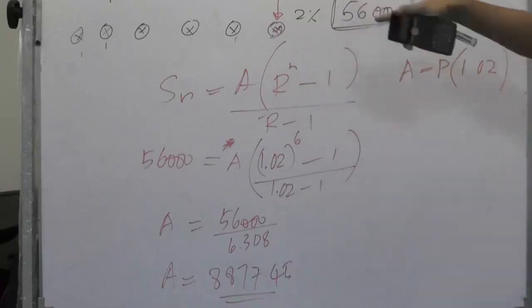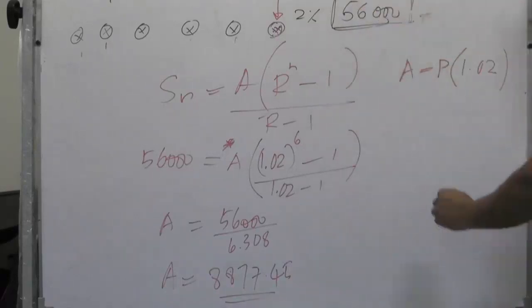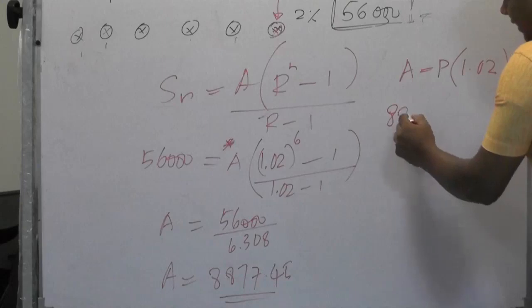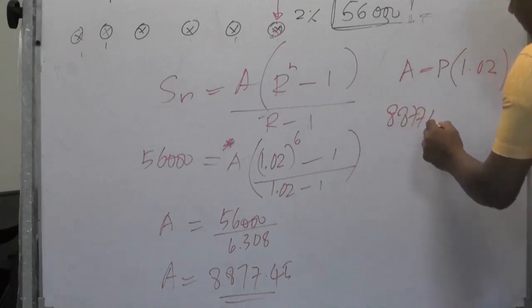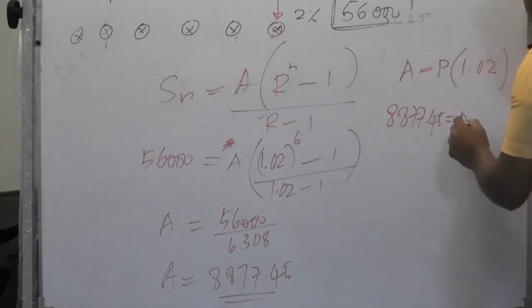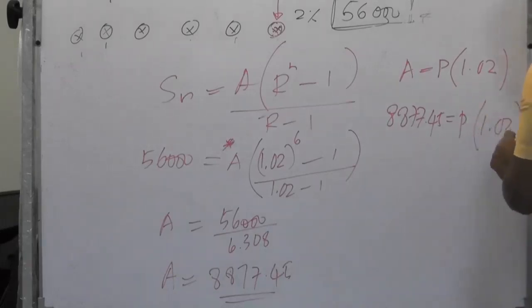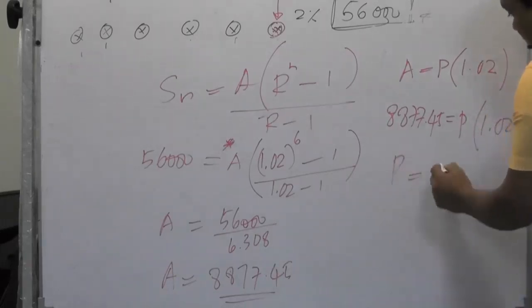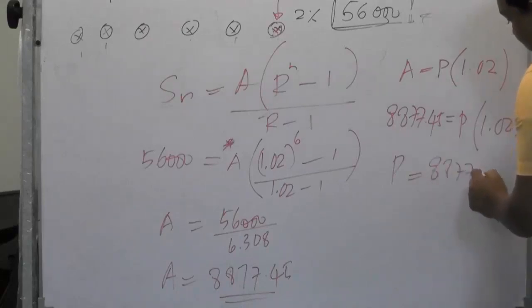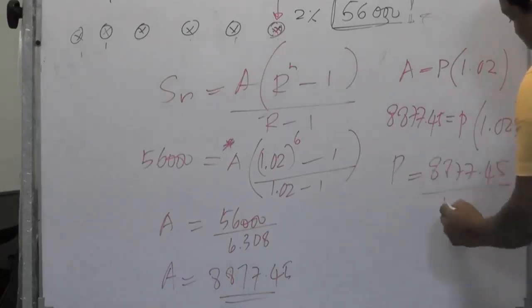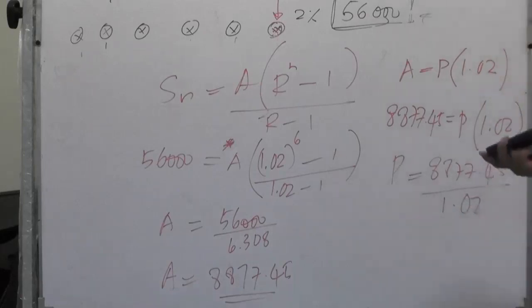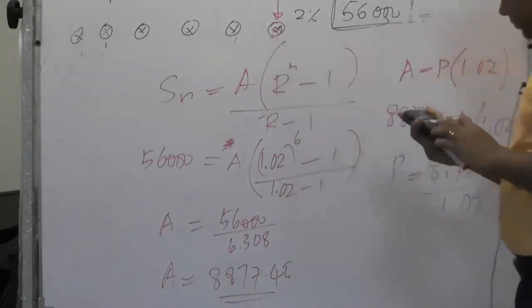I have explained this matter in the previous example also. Now A is calculated, 8,877.45. We need P, the amount you have to invest, in 1.02. Therefore, present value equals 8,877.45 divided by 1.02. What would be the amount you have to invest?